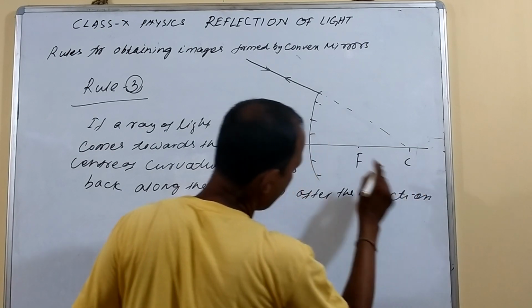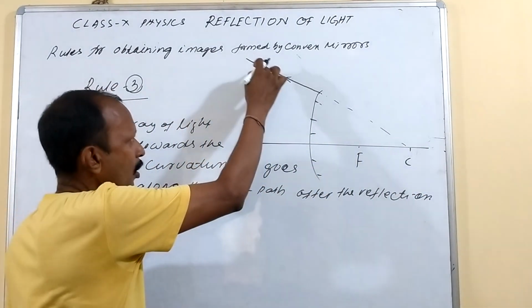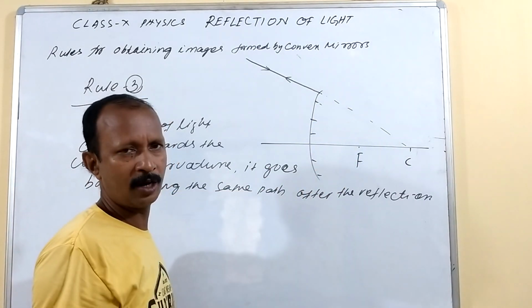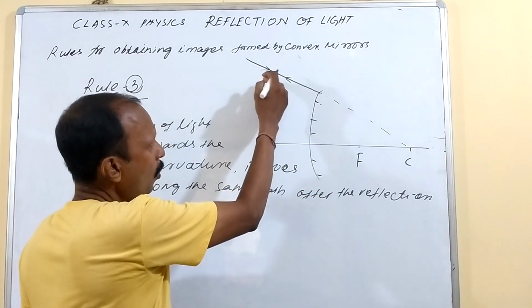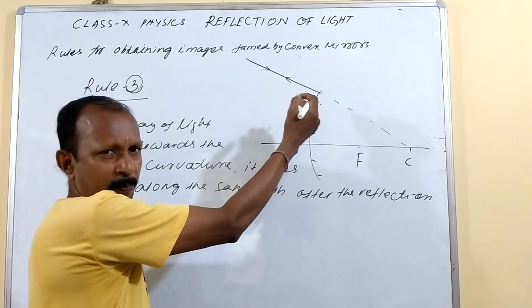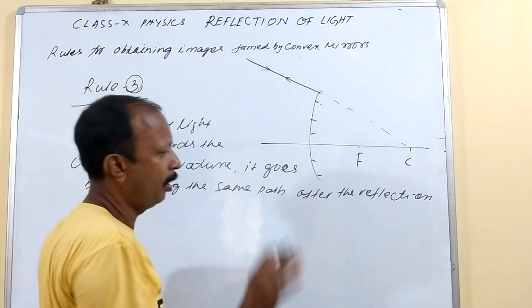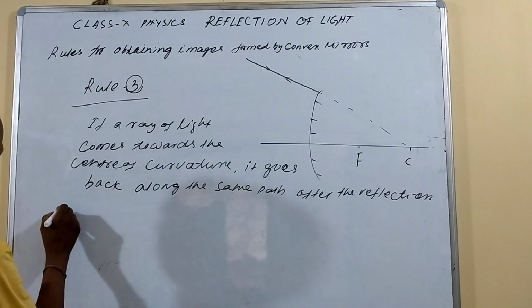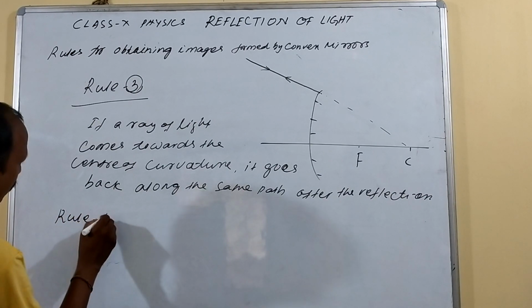This is the third rule. If any ray comes towards the center of curvature, it will go back, meaning it reflects along the same path but in the opposite direction. Next, rule number 4.